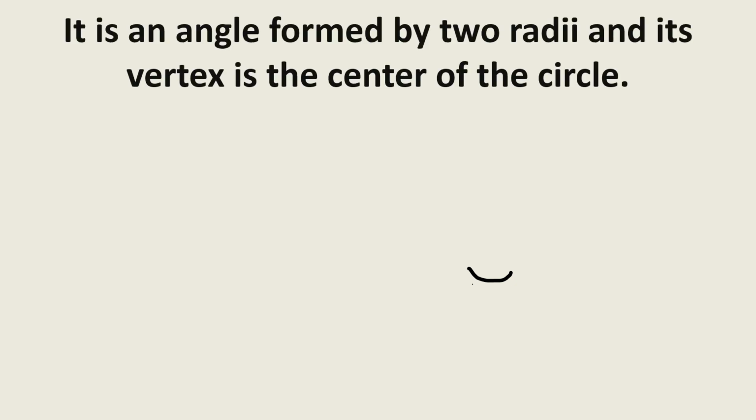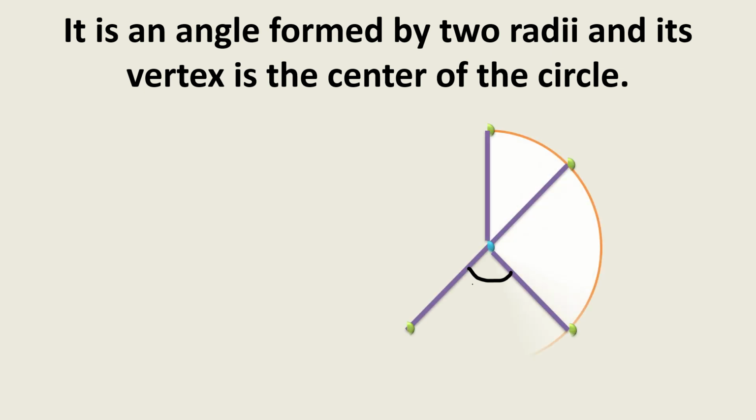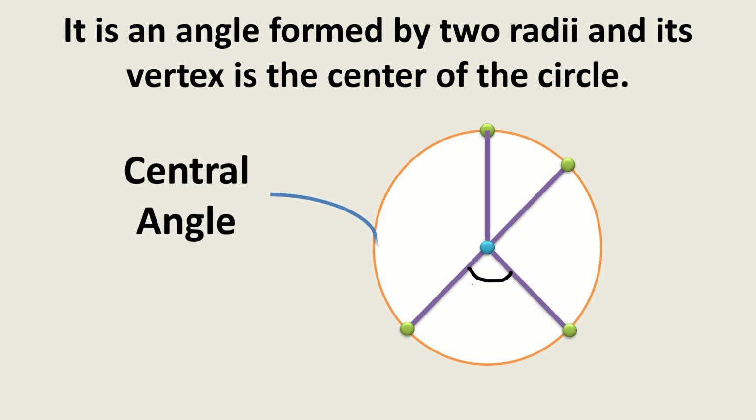Now, before that, balikan muna natin yung meaning ng central angle. So, a central angle is an angle formed by two radii and its vertex is the center of the circle. So, in this example, sa circle na to, the central angle is the angle formed by these two radii at ang vertex niya ay yung mismong gitna ng circle.